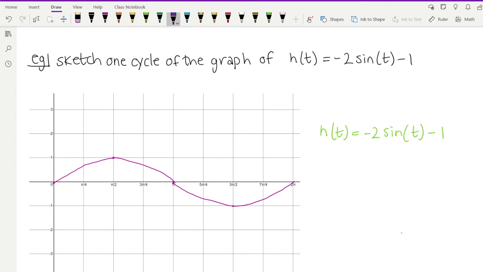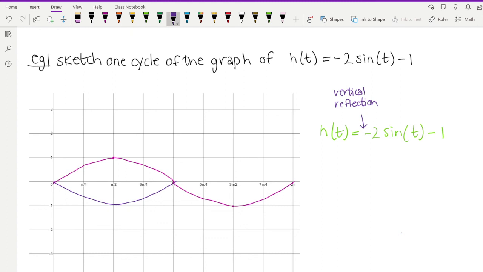Well, we can see that we're applying a negative sign, not just to t, but to the function as a whole. And so that tells us that we're having a vertical reflection. A vertical reflection would mean a reflection over the horizontal axis. Let me just quickly sketch what that means about our function.